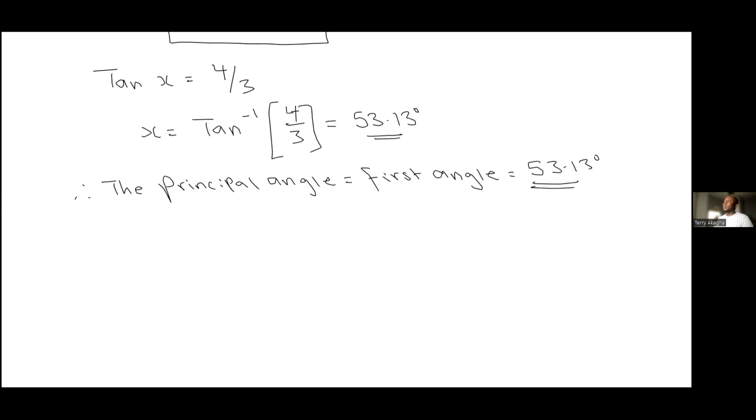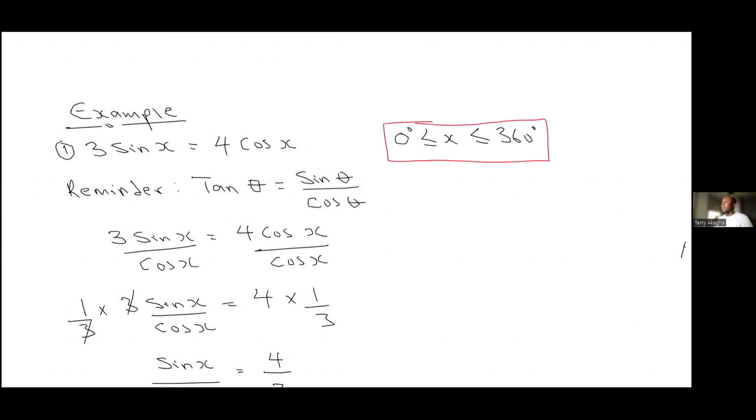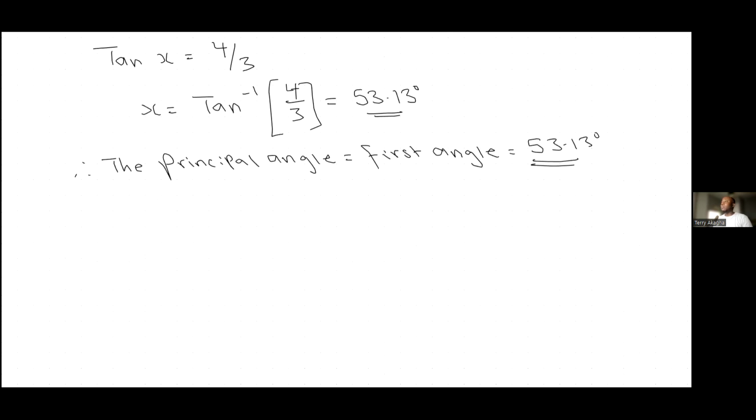When we are done with that, what do we need to do? We need to find other solutions within this range, and we have tan. Please go back and remind yourself. I told you using the CAST diagram. Just a quick reminder: A, C, T, and S. You can call it CAST or ACT, depending on what you want to do.